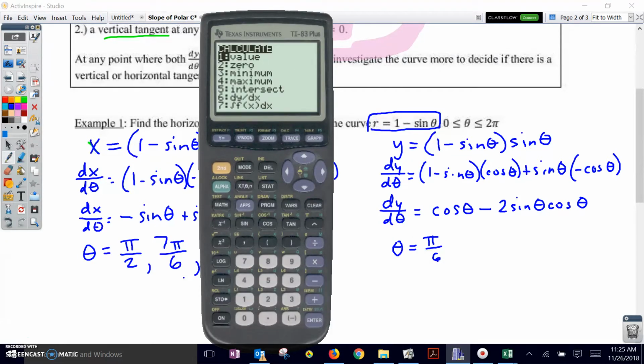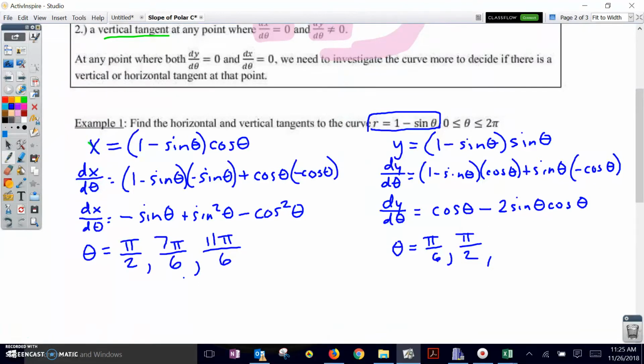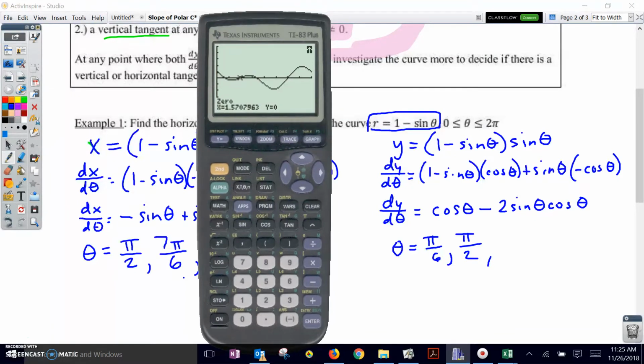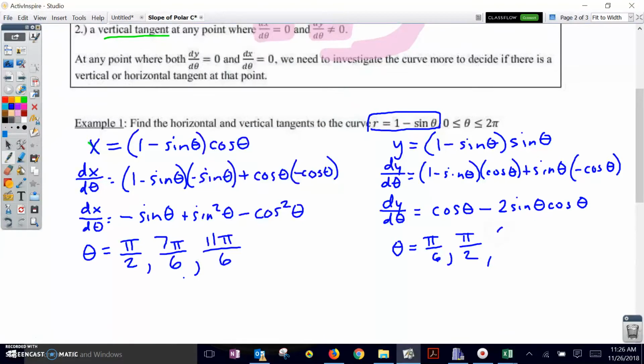And pi over 2. And .617, which should be 5 pi over 6.